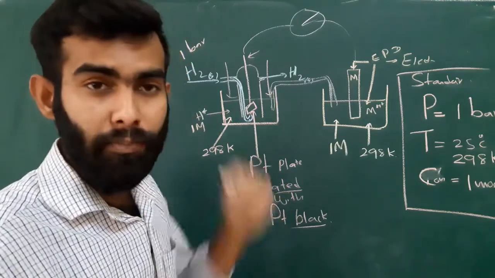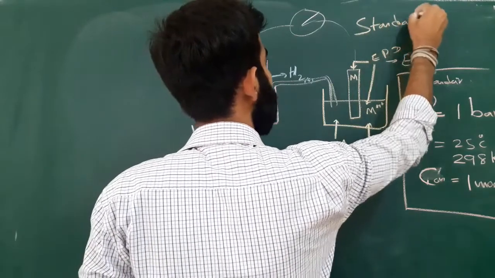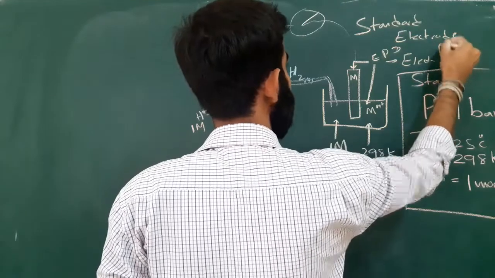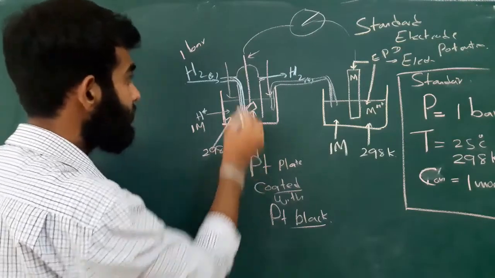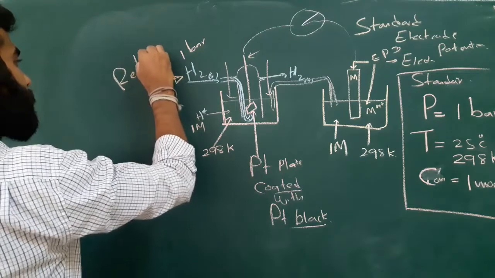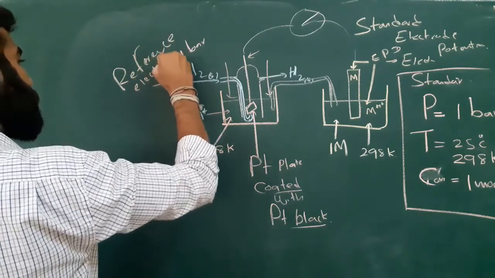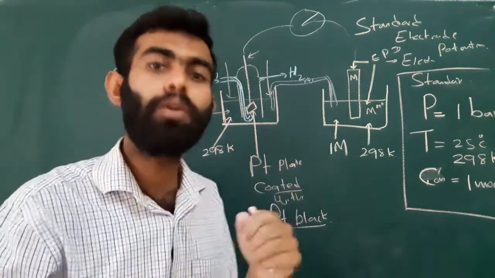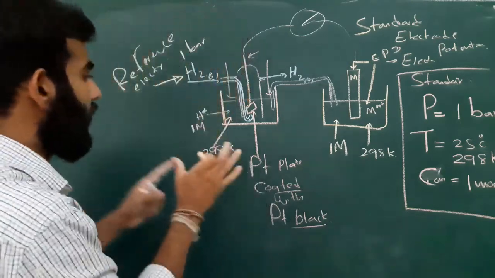That potential we call the standard electrode potential. This hydrogen electrode is known as the reference electrode, because we can't measure the electrode potential of a particular electrode without using another electrode. That electrode should be the hydrogen electrode.